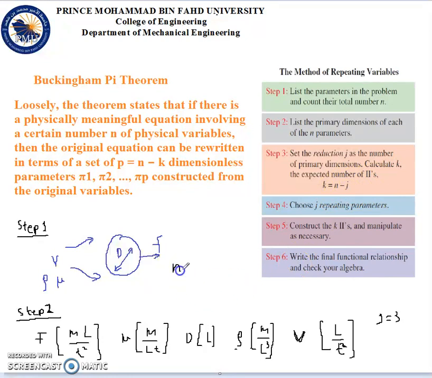We already know that n is 5, so k will be 5 minus 3 equal 2. Step 4 is to choose the repeating parameters. This is maybe the most tricky step. Usually, the repeating variables or parameters are the parameters that we don't want to study. In this problem, this will be the diameter, the density, and the velocity.